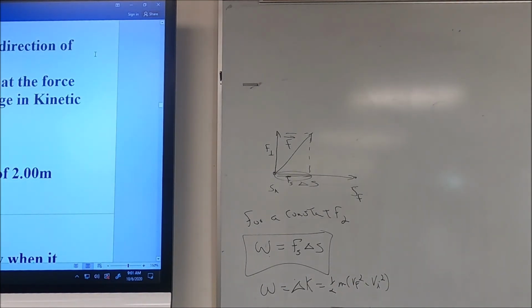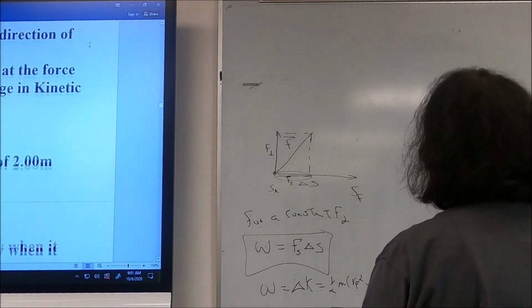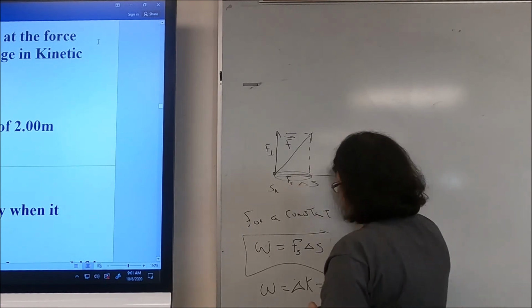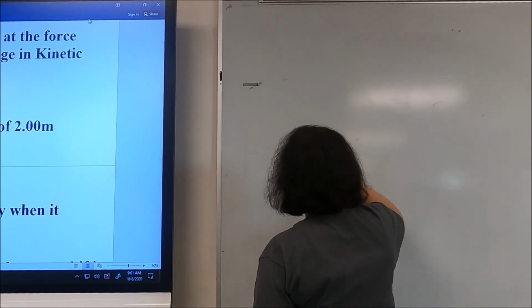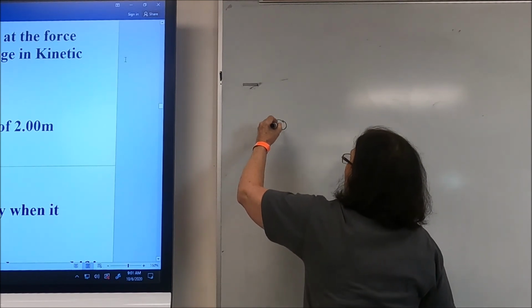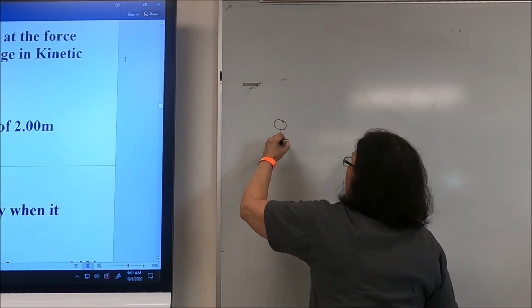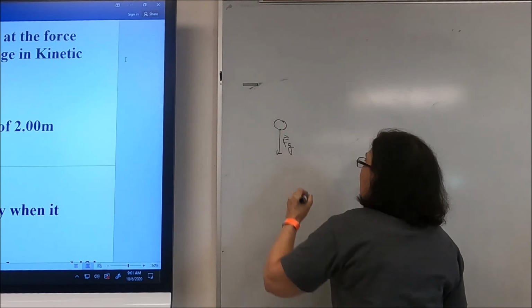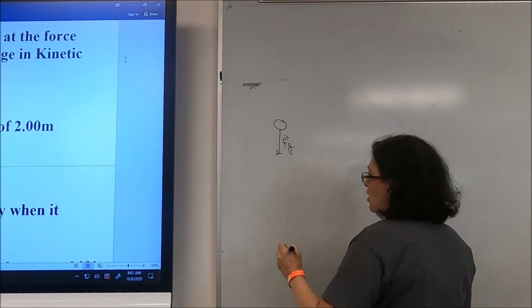So let's drop a 1 kilogram ball from a height of 2 meters and think about how much work gravity is doing. Okay, now if I have a ball here, it's experiencing a downward force F sub g.